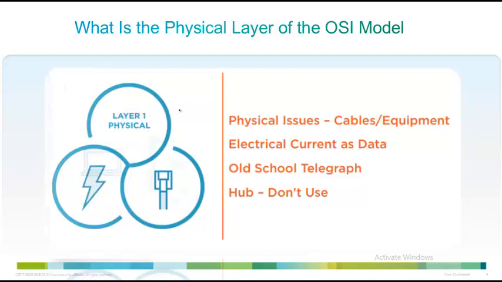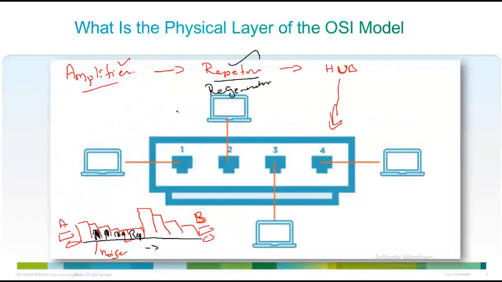And now we are trying to understand this device called hub. To understand hub, we need to understand the background from where it started. For long distance communication, we need a device that will boost the signal because the data cannot travel for long distance.